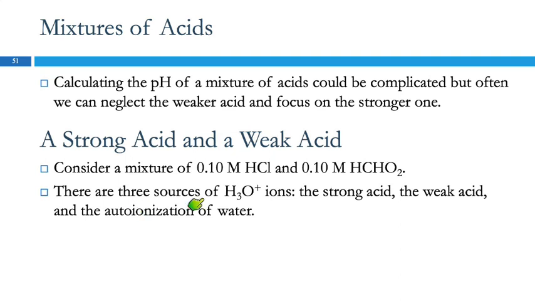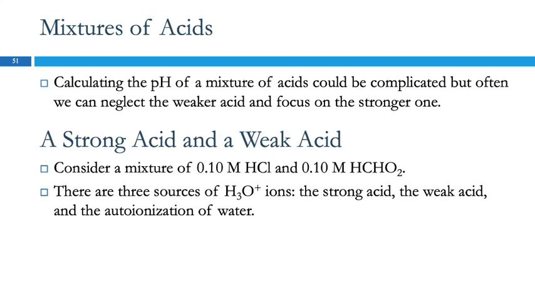So there's 3 sources of hydronium ions. There's some coming from the strong acid, some coming from the weak acid, and some coming from the autoionization of water. In the previous examples, just looking at the weak acid, we ignored the autoionization of water because the amount of hydrogen ion coming from the weak acid was so much bigger than 10 to the minus 7.